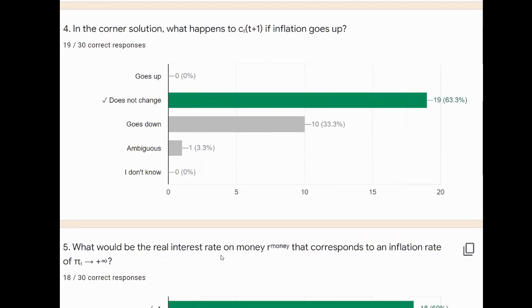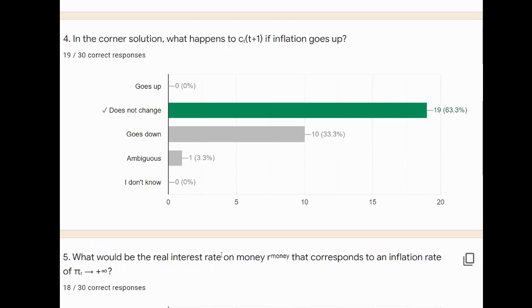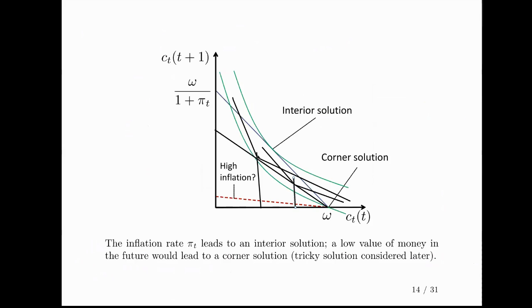So with the formula, when inflation goes to infinity, we understand thanks to the computation of the limit that it will be -1. Perfect.